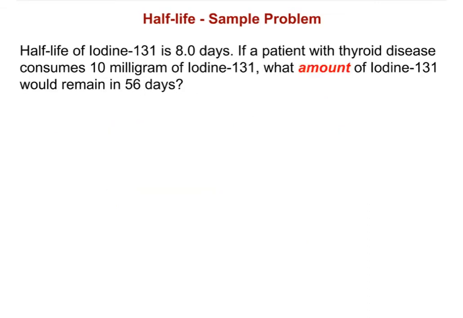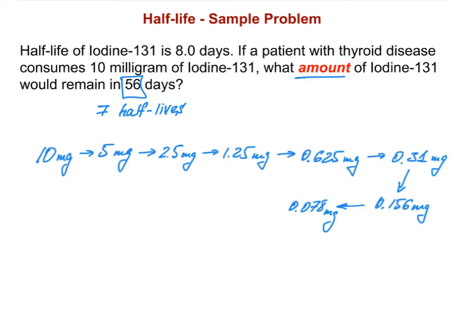Here we have the same problem, but we are asked to calculate the final mass of iodine-131 that is left in the organism after 56 days, aka after 7 half-lives. Well, over here, the information about the original mass is important. We start our calculations with that.